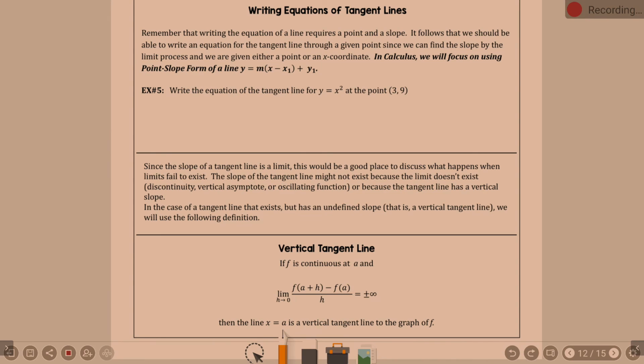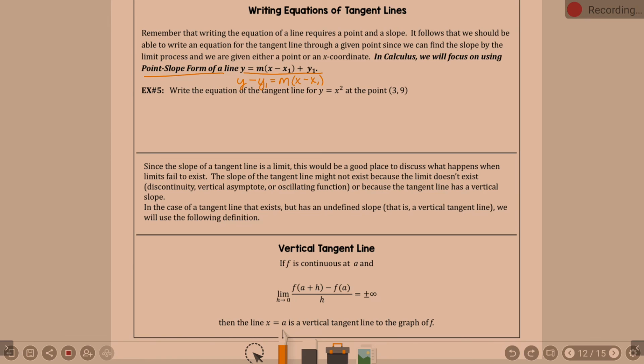But this point slope form of the line looks a little different than what you're used to. When we learned point slope form of the line, we used y minus y1 equals m times x minus x1.